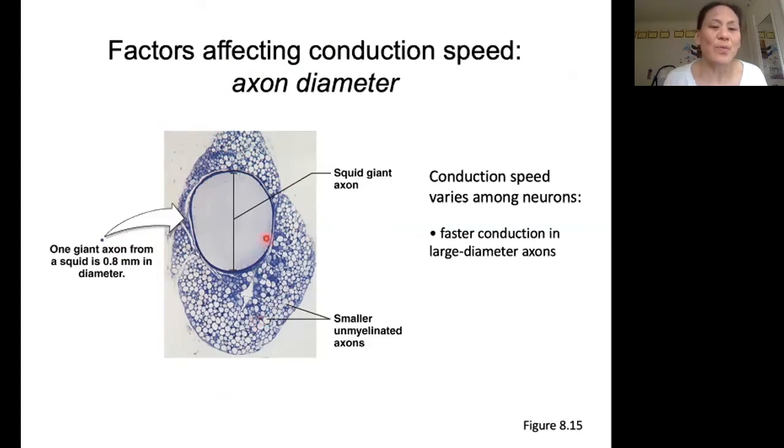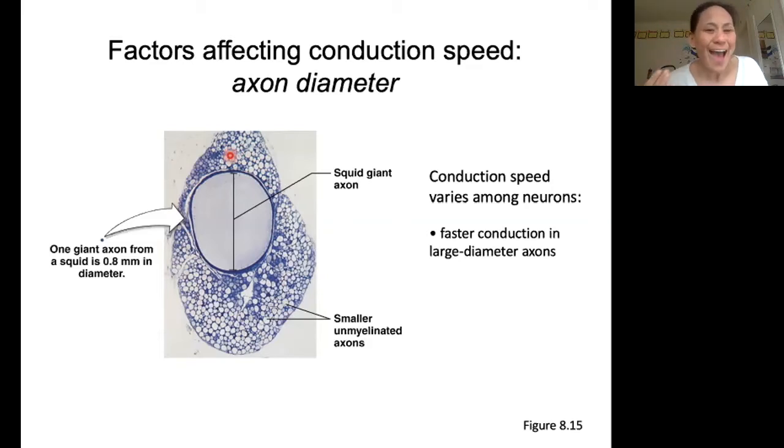And the point that I want to make here is that this axon, the squid giant axon, is going to conduct a lot faster than these other little axons right here. And the reason for that is that larger axons, axons with larger diameters, are going to conduct action potentials faster than axons with smaller diameters.